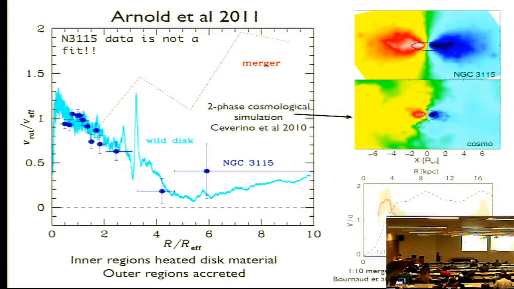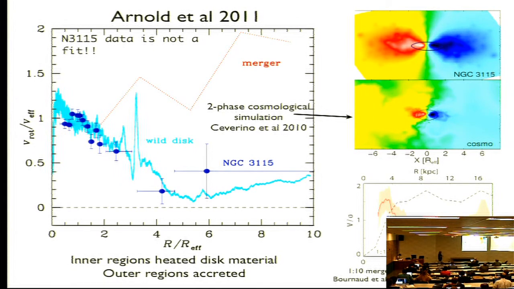Early in the history of SLUGS, Jacob Arnold, who's my graduate student here in Santa Cruz and who you'll hear from later in the week on Thursday afternoon, did an initial case study of the nearby S0 galaxy NGC 3115. NGC 3115 is a lenticular galaxy at about 9 megaparsecs.